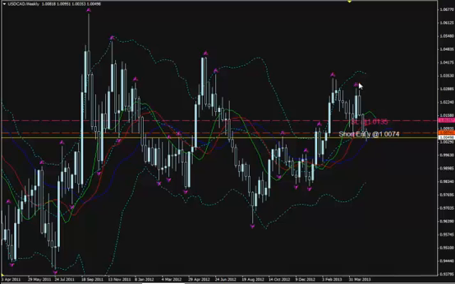It means that the upward move will stop for now. The lower Bollinger Band is not turned outwards.